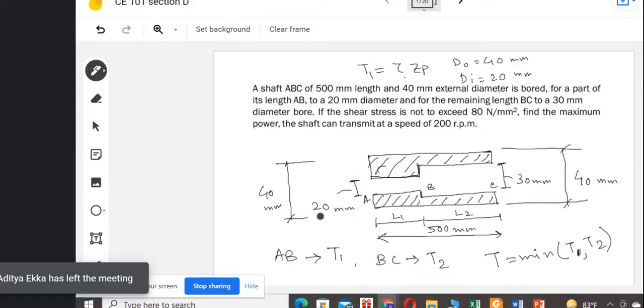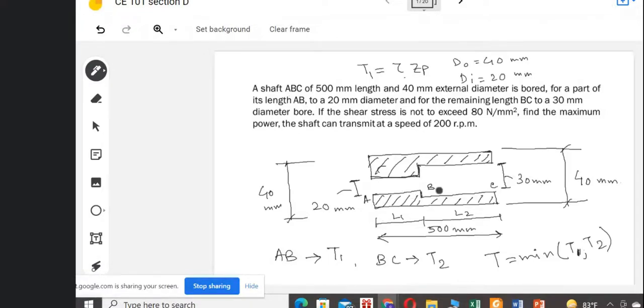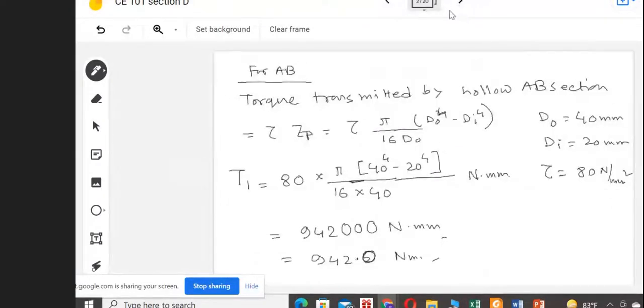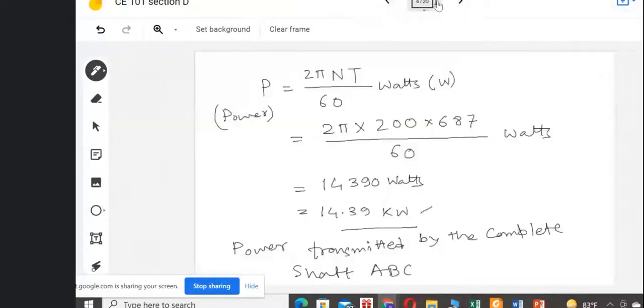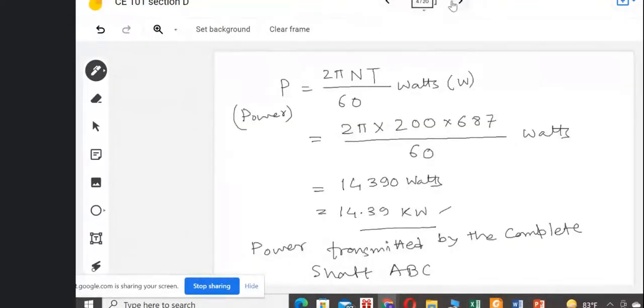of the power. Another thing I told you is that these two sections AB and BC will rotate with a similar angular distortion, similar theta value. So how can we equalize the angular displacement of AB and BC?